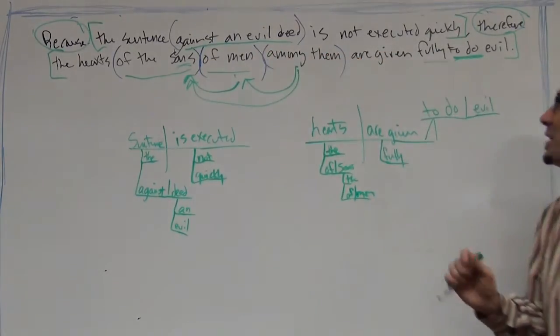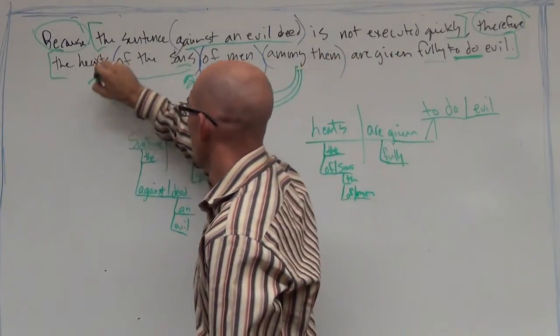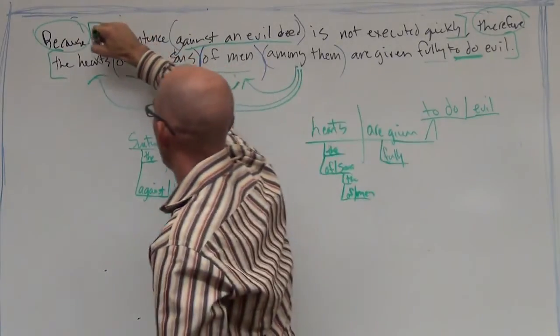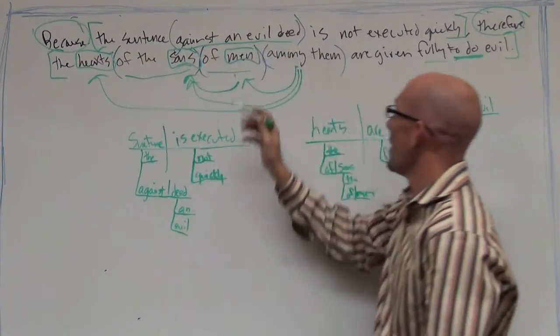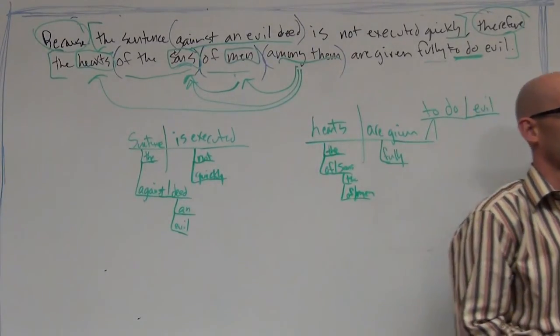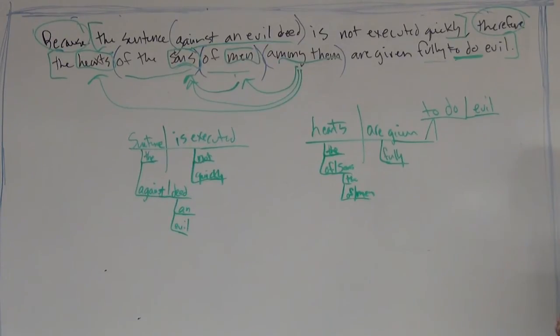Okay. How do we figure out "men" or "hearts"? So here's a noun, here's a noun, and here's a noun that can all be modified by this adjectival prepositional phrase. Which one is it? Would it help to decide what "them" is referring to? Yes?